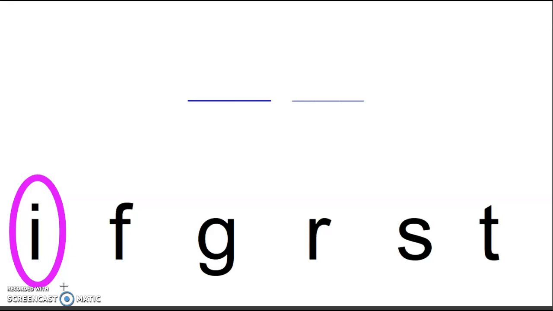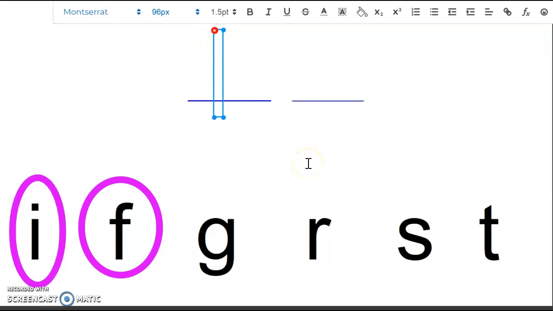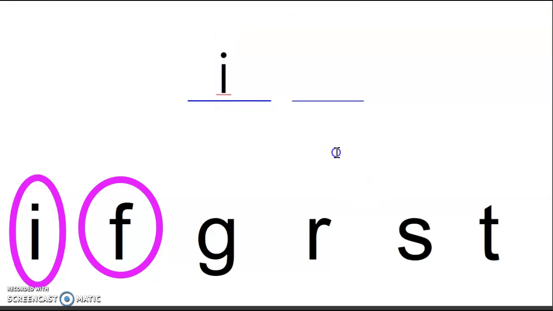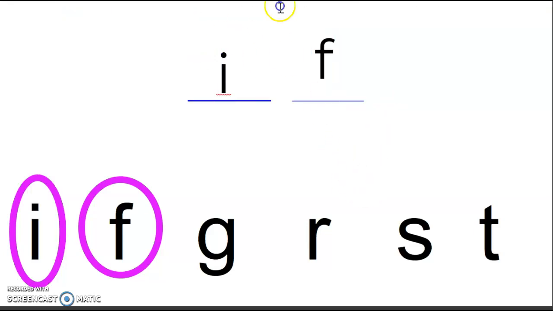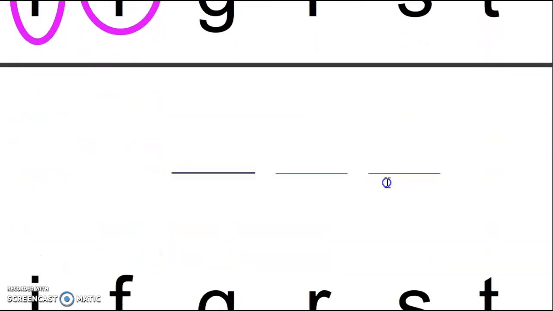What letter makes the F sound? Letter F makes the F sound. If you chose letter F, you are correct. Let's go ahead and write out the word if. If starts with letter I, and then our second letter is F. I-F spells if. Very good, everybody.